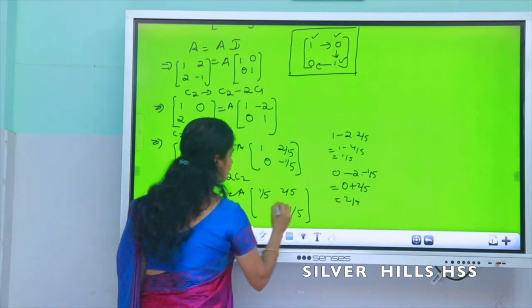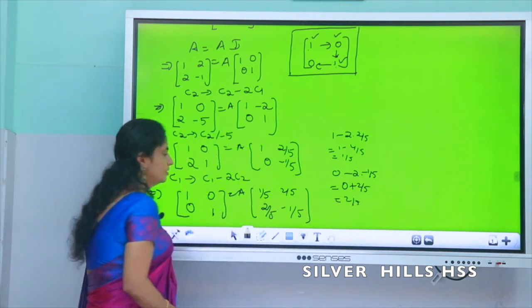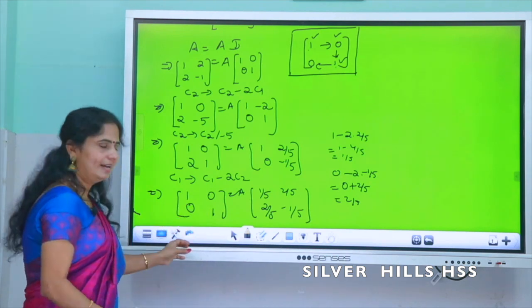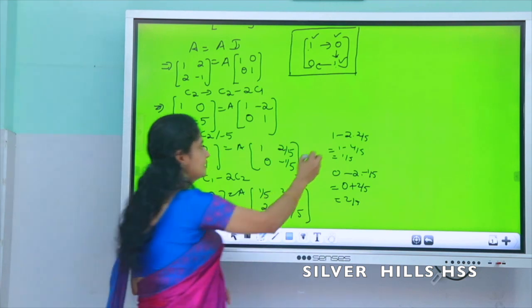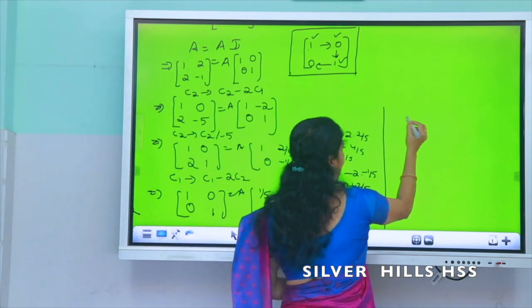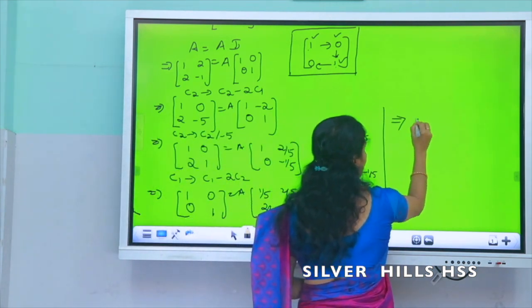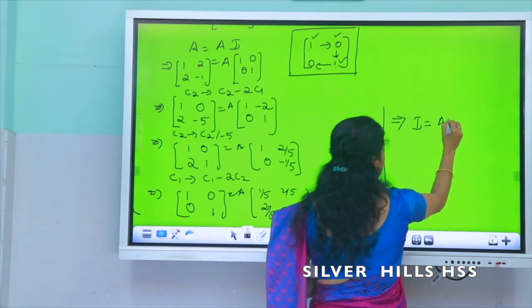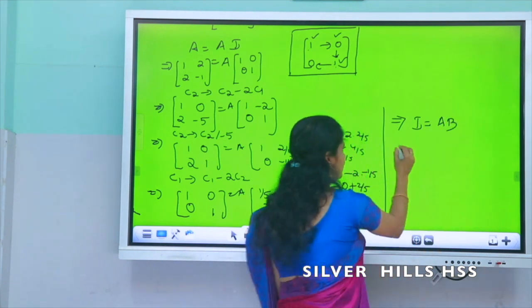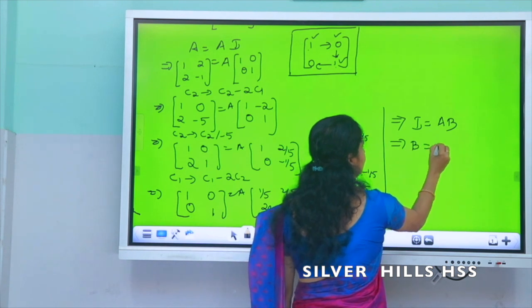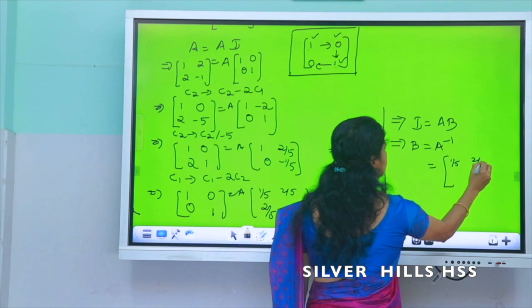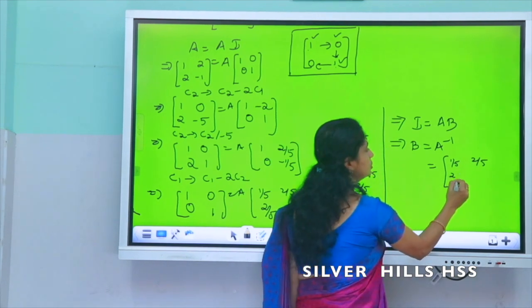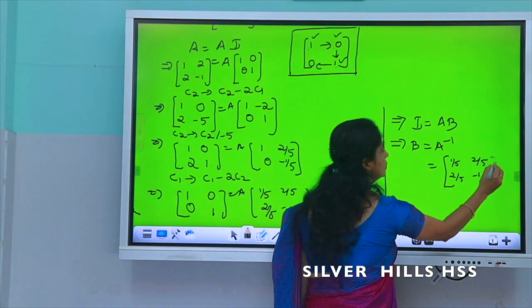What do you get? 2 by 5. So we can see that we have brought A to I, which means A is equal to AI has become I is equal to AB, which implies B is the inverse of A, and that is 1 by 5, 2 by 5, 2 by 5, minus 1 by 5.